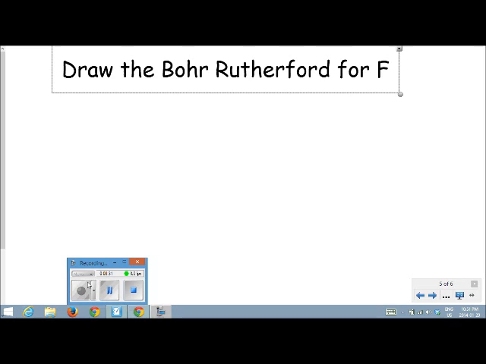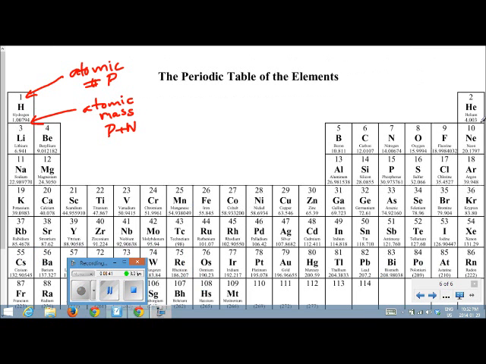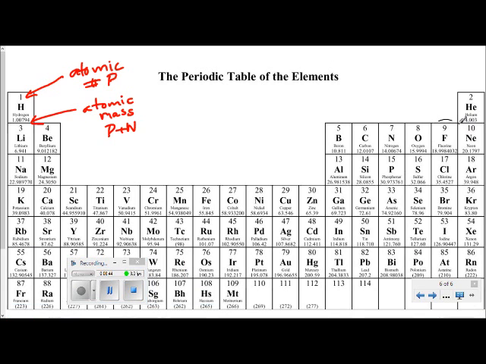Okay, so next we're going to draw the Bohr Rutherford for fluorine. This one's a little bit more of a complicated atom, and I wanted to just show it to you quickly. If we zoom in over here on fluorine, fluorine has 2 numbers. It had a 9 and an 18.99. So essentially, our atomic number, which represents the number of protons, is going to be 9.